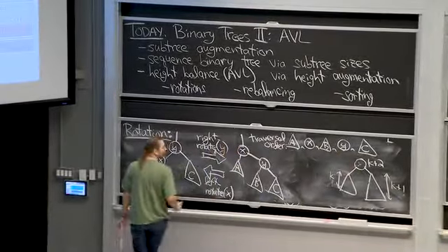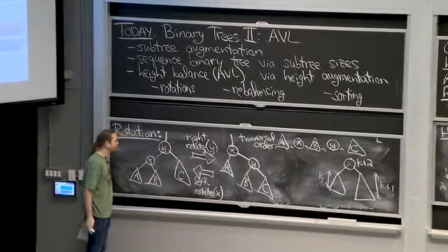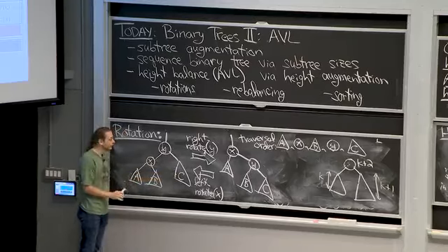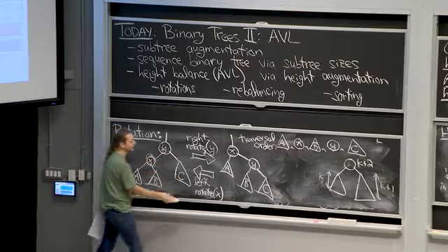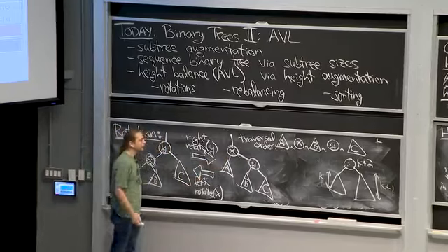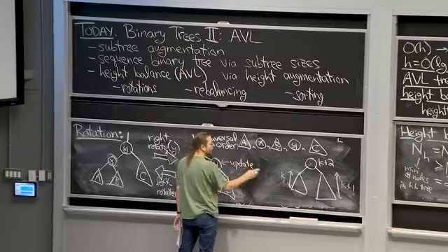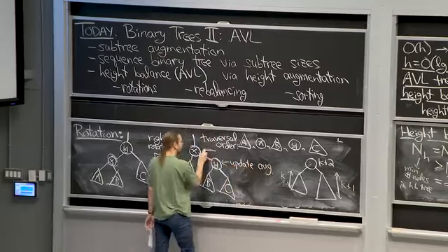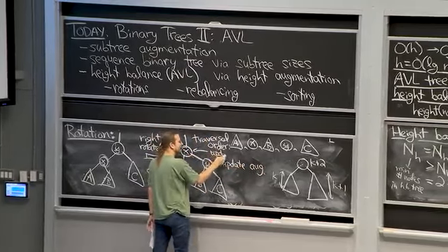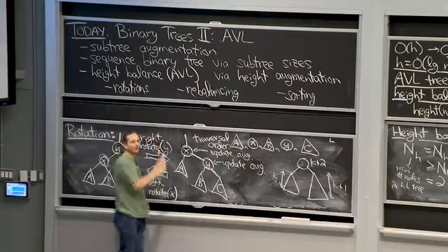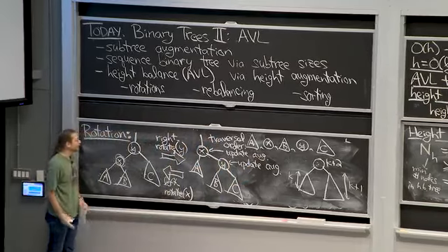Oh, by the way, whenever I do a rotation, I'm also going to have to update my subtree properties. When I rotate this edge, A does not change, B does not change, C does not change. So that's good. But X's subtree changes. It now has Y it didn't before. So we're going to have to also update the augmentation here, in Y. And we're going to have to update the augmentation in X. And we're going to have to update the augmentation of all of the ancestors of X, eventually.